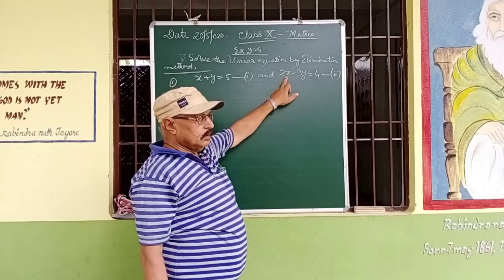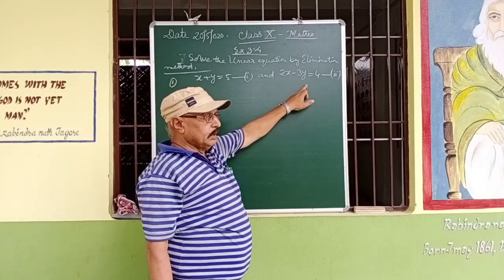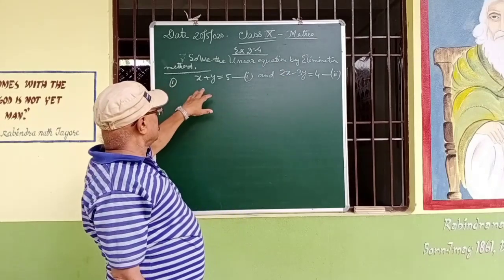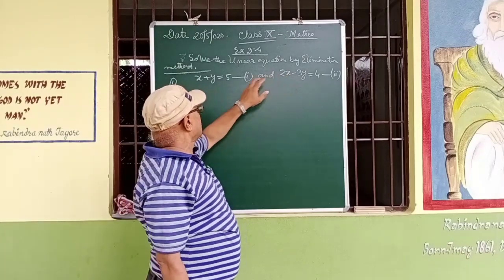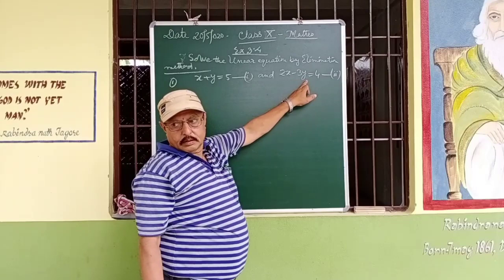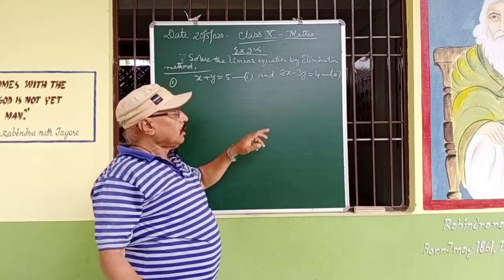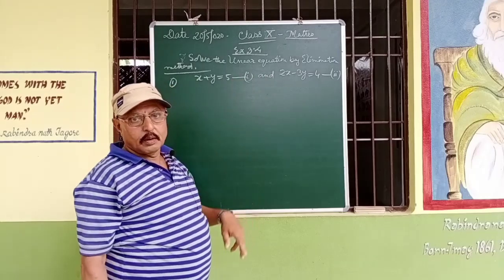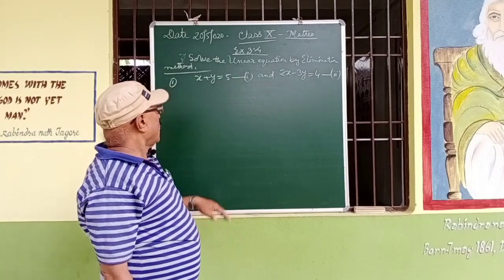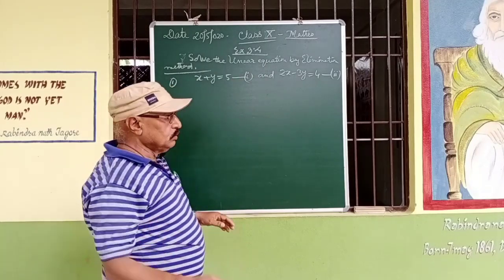In this also x and y are two variables. So in elimination method we eliminate either x or y. First we eliminate x, then we get the value of y. So how to eliminate? I will explain you now.